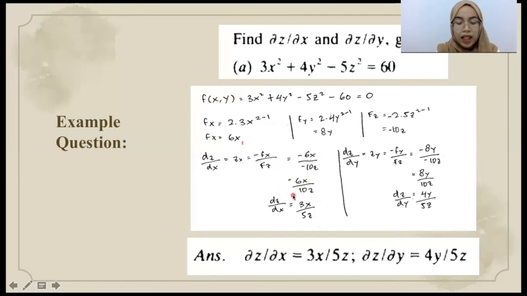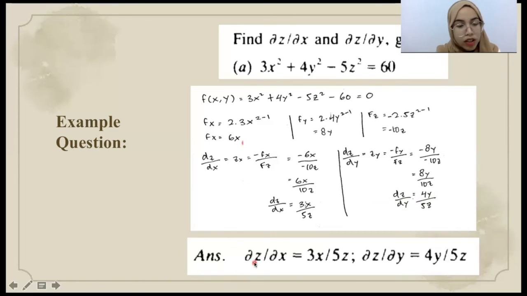You can simplify it and it will be 3x divided by 5z. Now for the partial z with respect to y, it equals minus fy divided by fz. So minus fy is minus 8y, divided by minus 10z, because fz is minus 10z. So the result is 8y divided by 10z, and we can simplify it. It will be 4y divided by 5z.